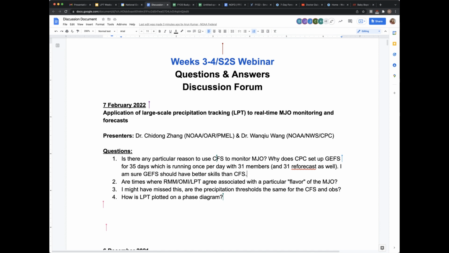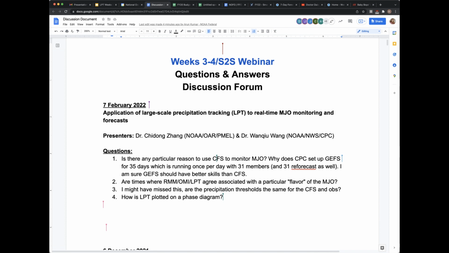And for CFS, a threshold of 13 millimeters per day was used. And in the calculation for our plot on the CPC side, we use 12 millimeters per day for observation and 15 millimeters per day for CFS.